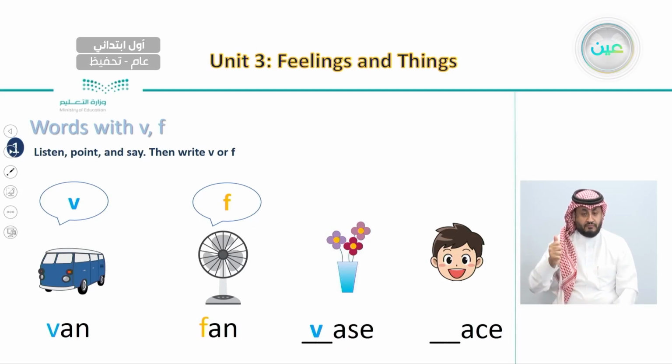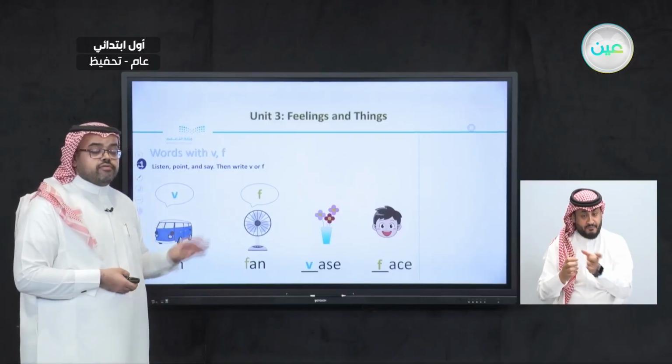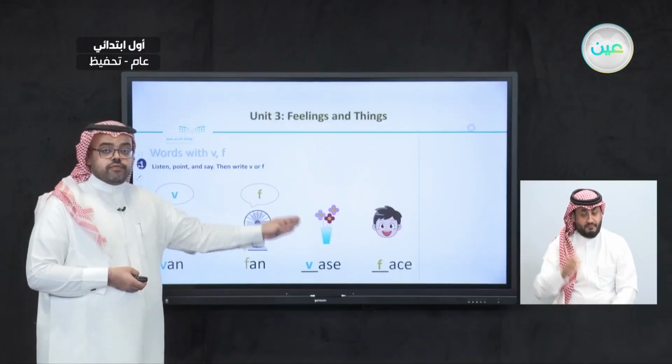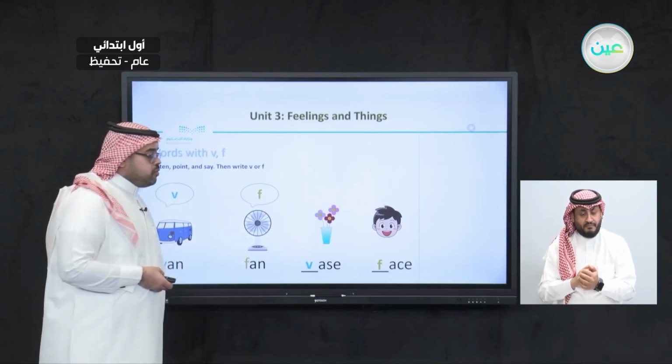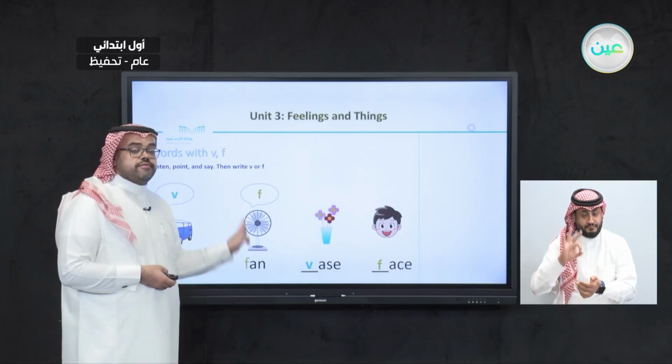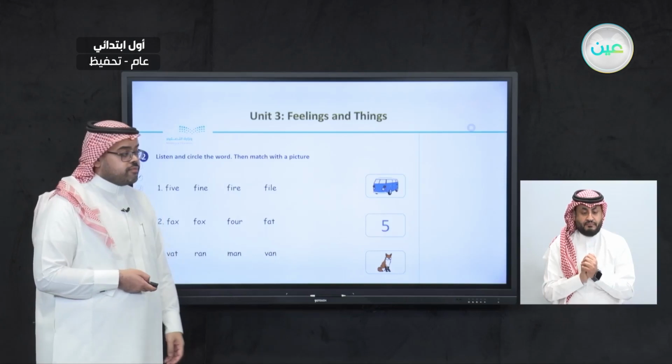So should we write face with V or F? Of course, we write it with F. So we completed the four words. We have van and vase, and here with letter F we have fan and face.